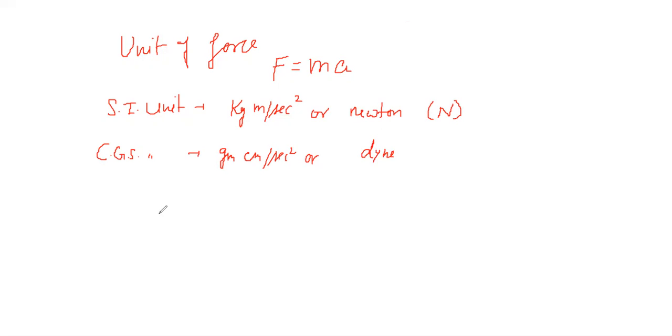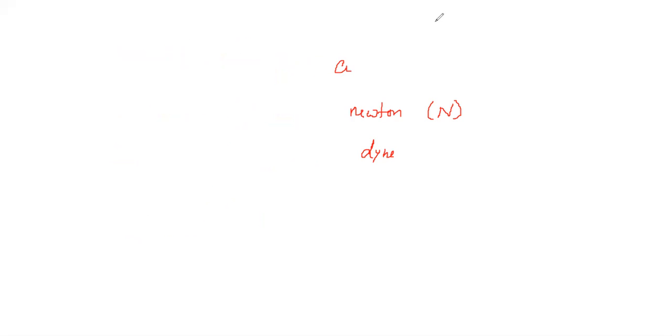So what is the relation between Newton and dyne? 1 Newton equals 10 raised to power 5 dyne. Where does it come from? Sometimes it is asked to prove that 1 Newton equals 10 raised to power 5 dyne.